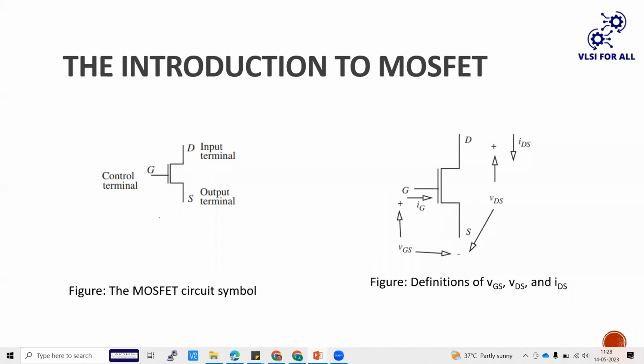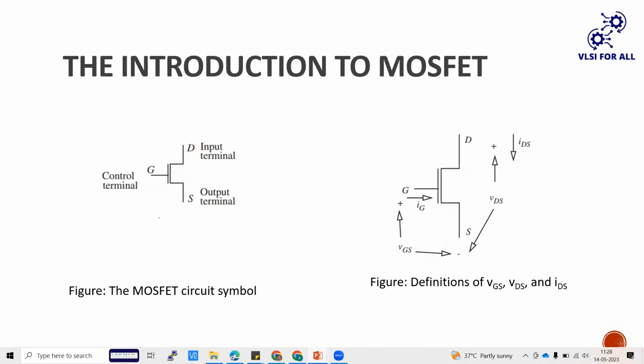MOSFETs occupy less space, because if there are two MOSFETs, you require only 5 regions: source 1, gate 1, drain 1. That drain you can use as the second MOSFET's source, that means D1 or S2.